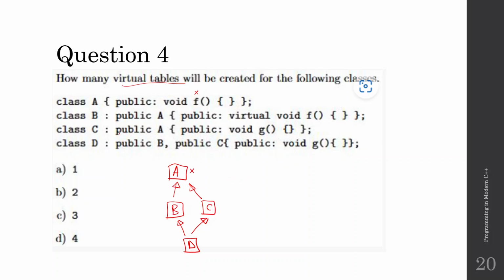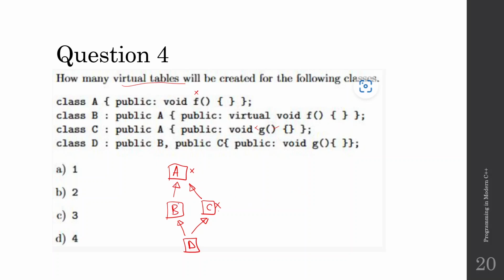Next come to class C. C inherits from A, and it adds another function called G, and G is also not virtual. So again, class C has no virtual functions. A does not have any virtual function, and C does not have any virtual function.